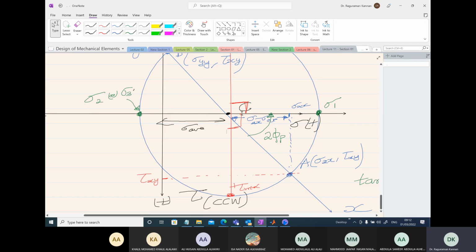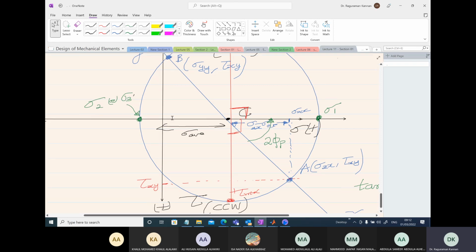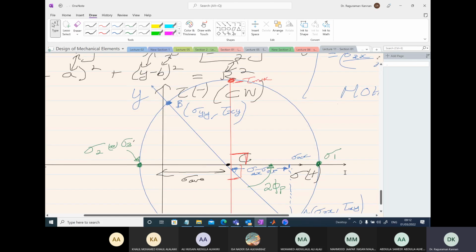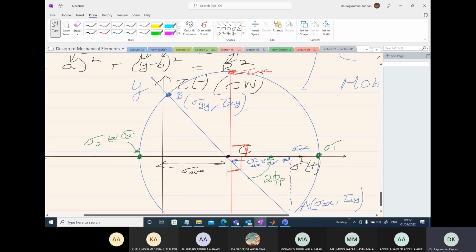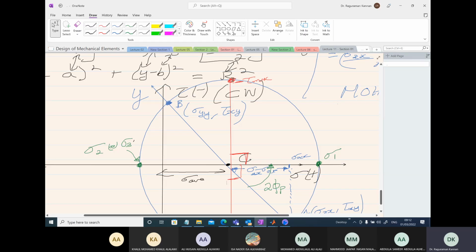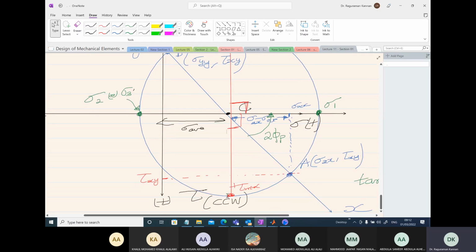Okay. Also, before I go to the center point, if you take the sigma 1 and sigma 2 points, right at these points the shear stress is absolutely 0. So along the principal stress direction the shear stress is 0, and we have only normal stresses. But on the other hand, on the maximum shear stress directions, the normal stresses are not 0.